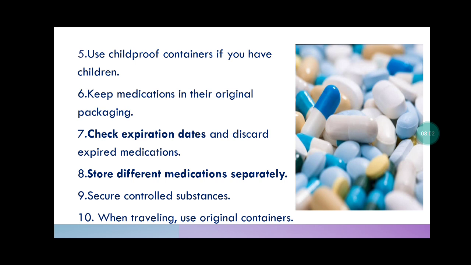Use child-proof containers if you have children. Keep medication in their original packaging. Check expiration date and discard expired medication. Store different medications separately. Secure controlled substances when traveling. Use original containers.